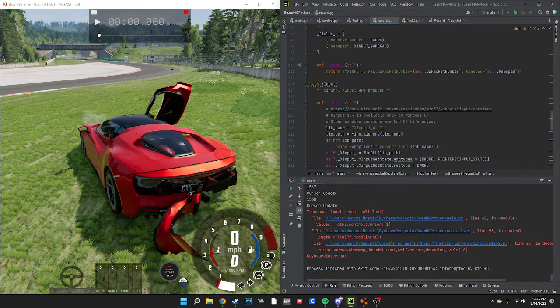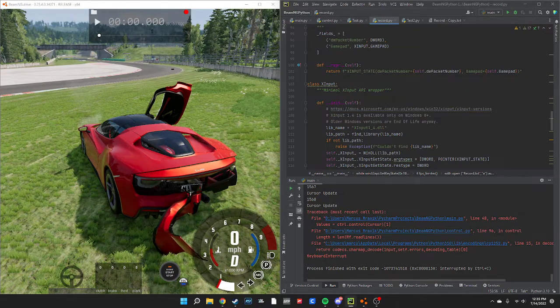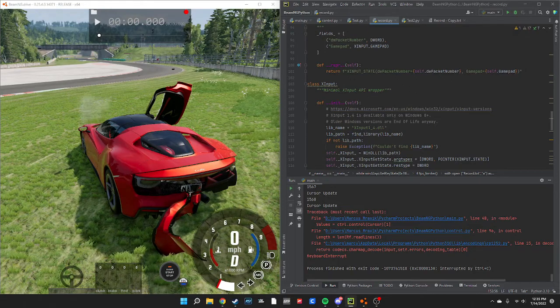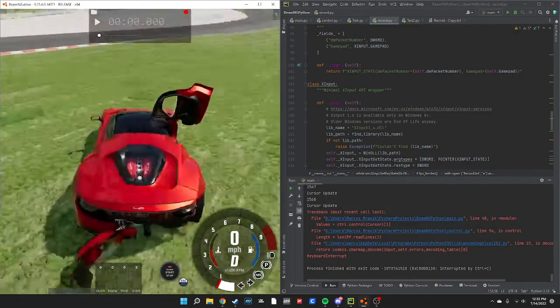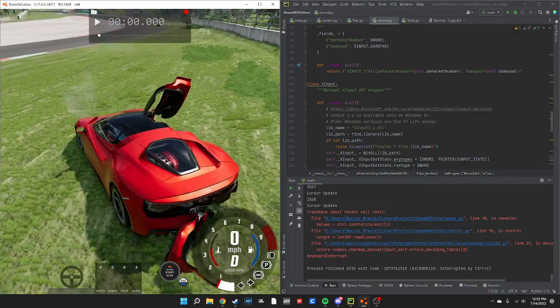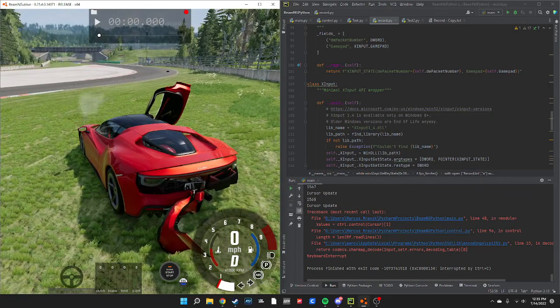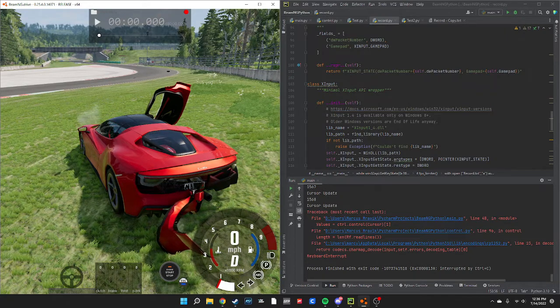So when it plays it back verbatim, and BeamNG is at a different frame rate than it was before, it desyncs and causes the recording to be off, which then domino effects into it just not working. So that's the problem that I'm facing with this program.